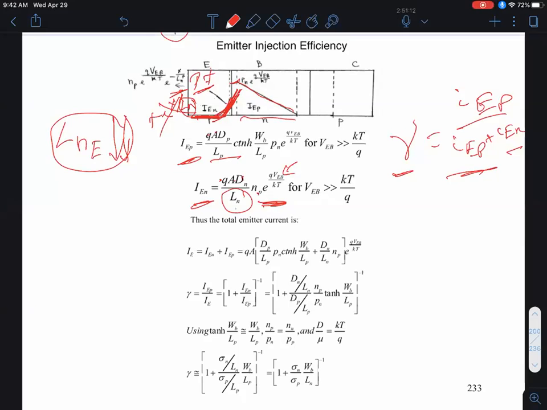So if that's the case, I'll end up getting, if you simplify for the cotangent hyperbolic, you'll see that will be basically proportional to 1 over WB, okay? I haven't shown that over here.